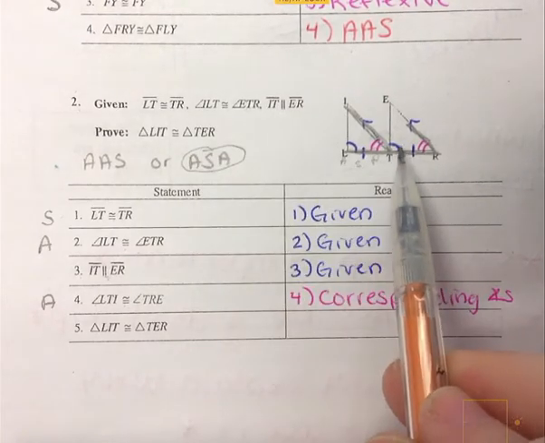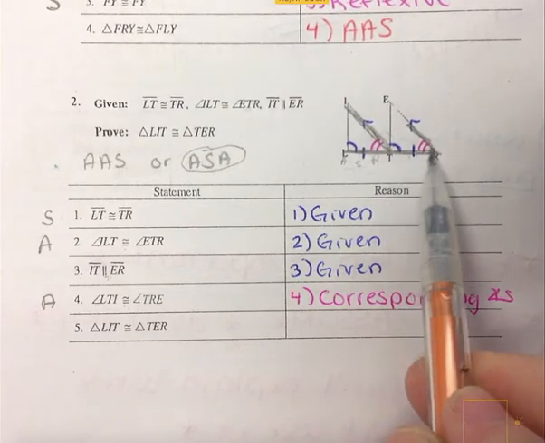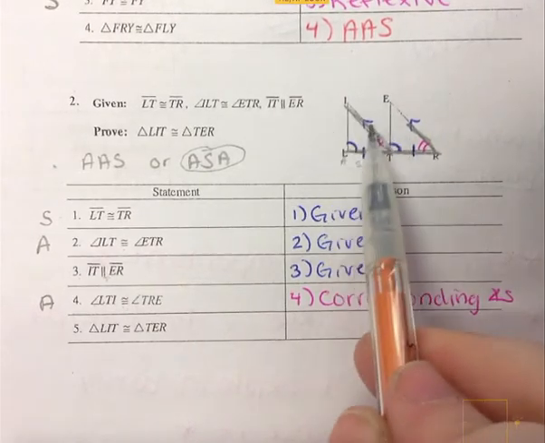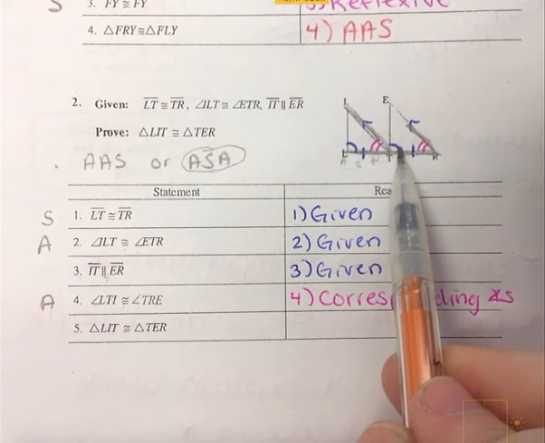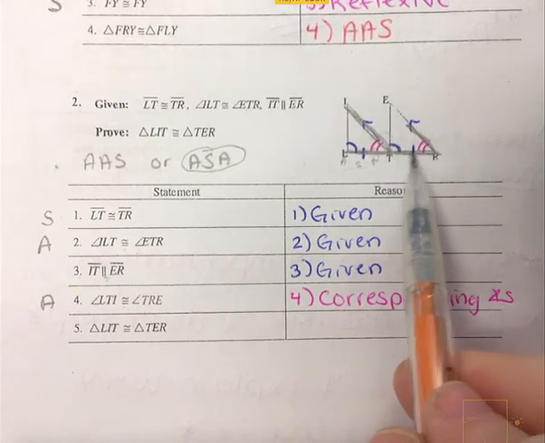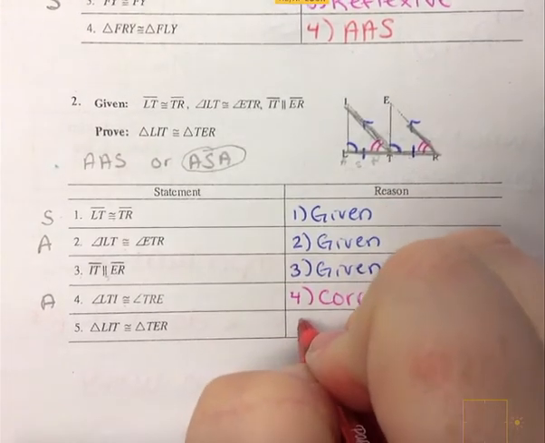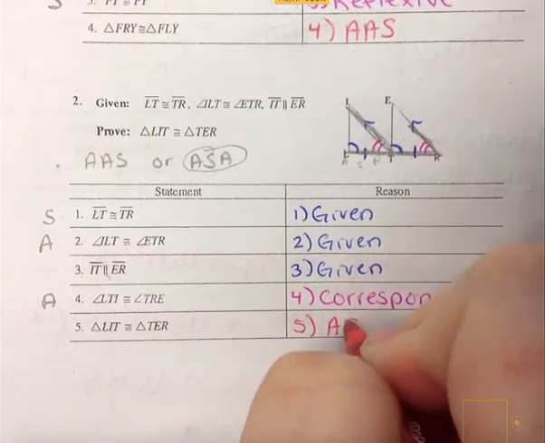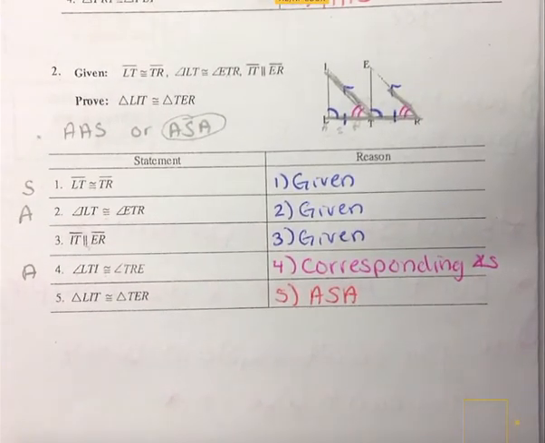It's what's marked, not what's still there. We have to look at the tick marks and the arcs. Angle, arc, tick mark, angle, arc. So angle, side, angle means that our reason 5 for these 2 triangles to be congruent is angle, side, angle. Angle, side, angle is a postulate, which is why we're allowed to use it. So we have just proven these 2 triangles congruent.